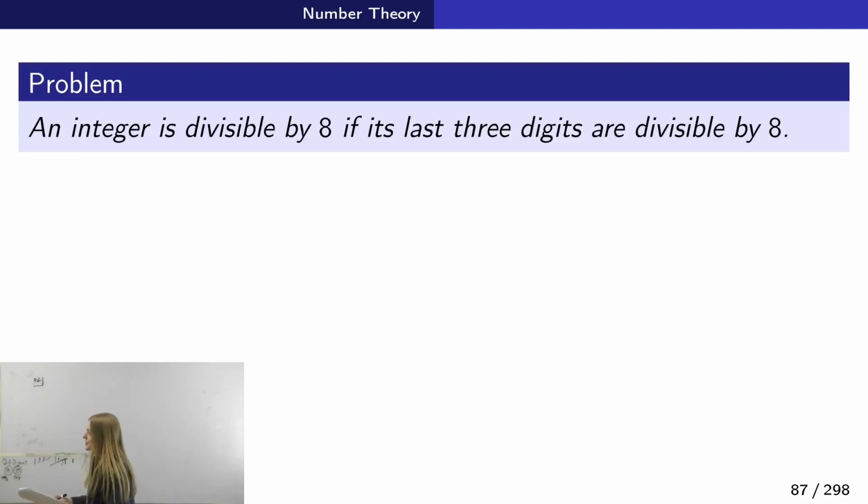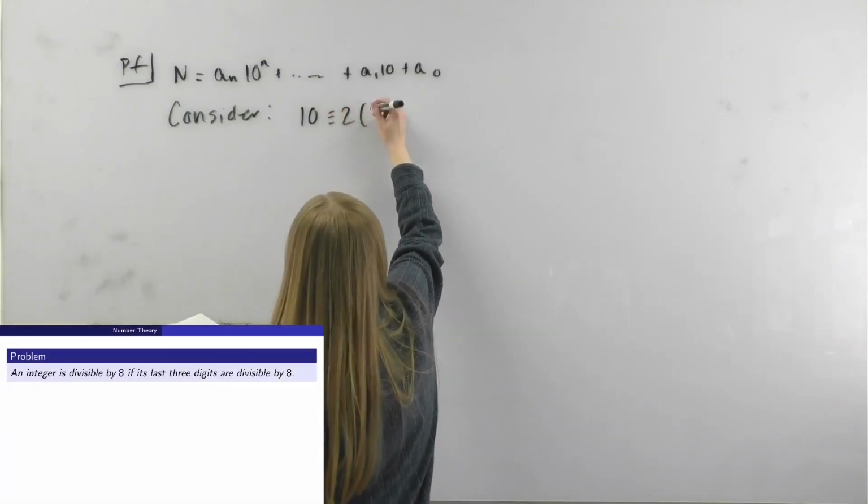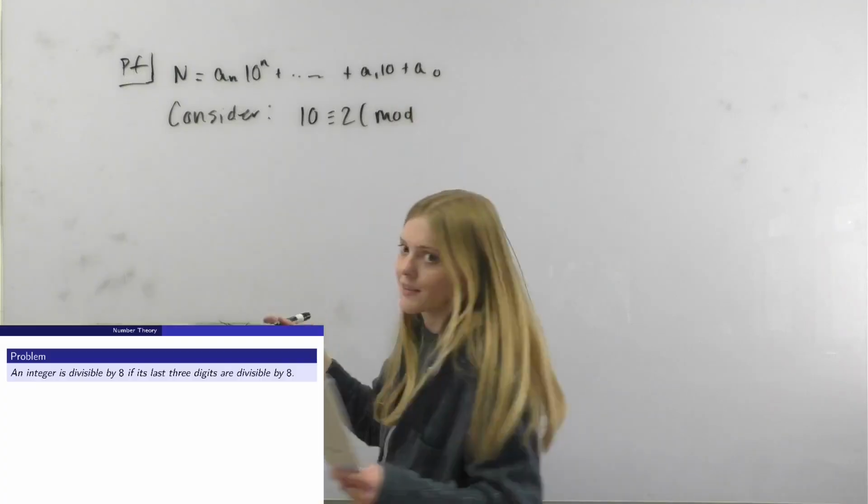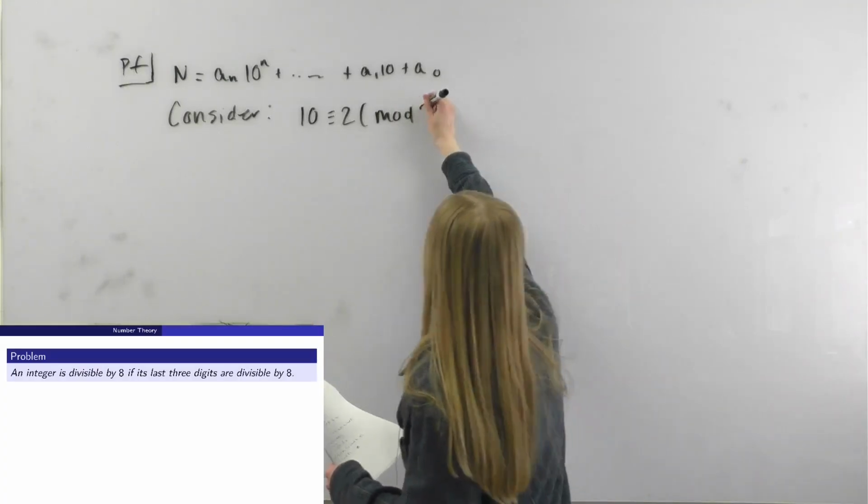Okay, so an integer is divisible by 8 if its last 3 digits are divisible by 8. We've seen all of the tricks here before. Consider a_n 10^n + ... + a_1 10 + a_0. That's a good proof language there. 10 is congruent to 2 mod 8.